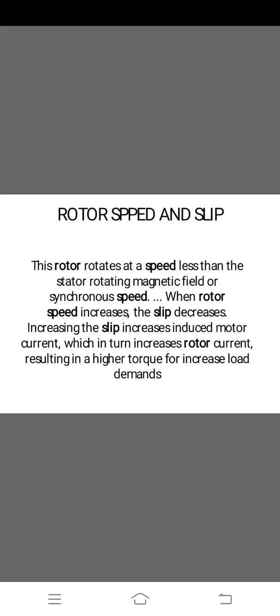Then rotor speed and slip. The rotor rotates at a speed less than the stator rotating magnetic field, or synchronous speed. When the rotor speed increases, the slip decreases. Increasing the slip increases the induced EMF, which in turn increases the rotor current, resulting in higher torque for increased load demand.